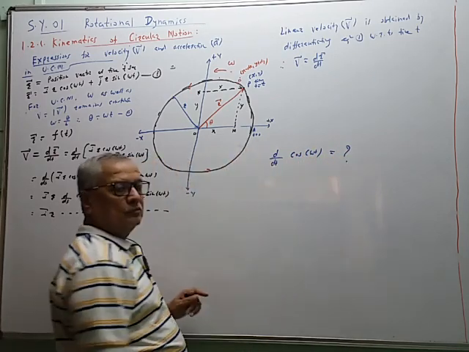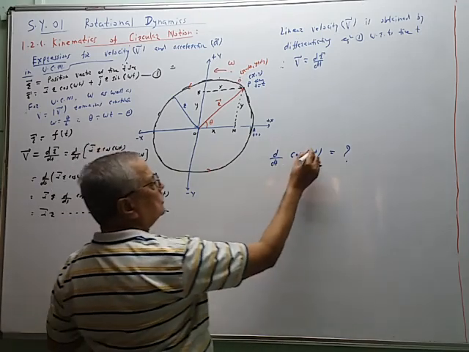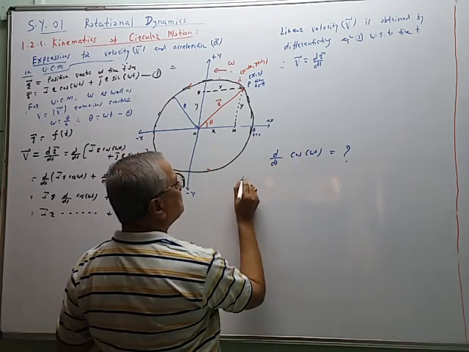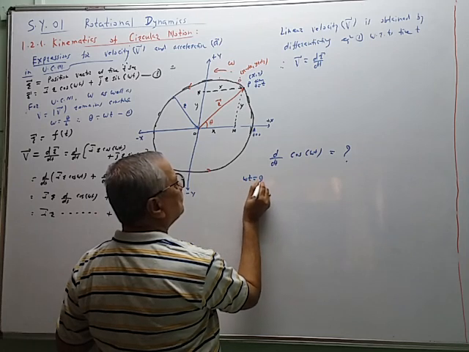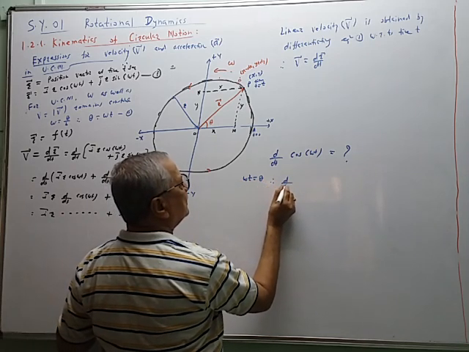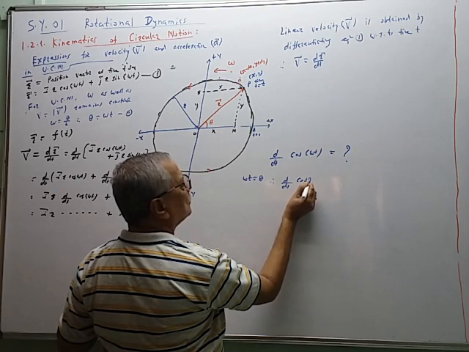It is equal to question mark. To find this, omega t is equal to theta. Therefore, this is d dt of cos of theta.